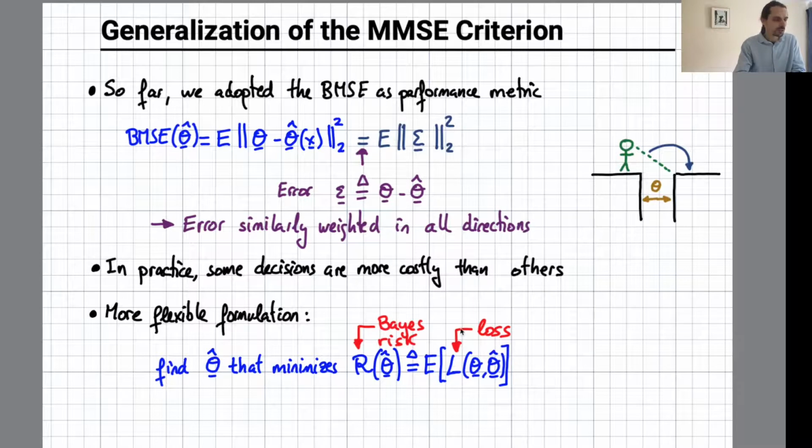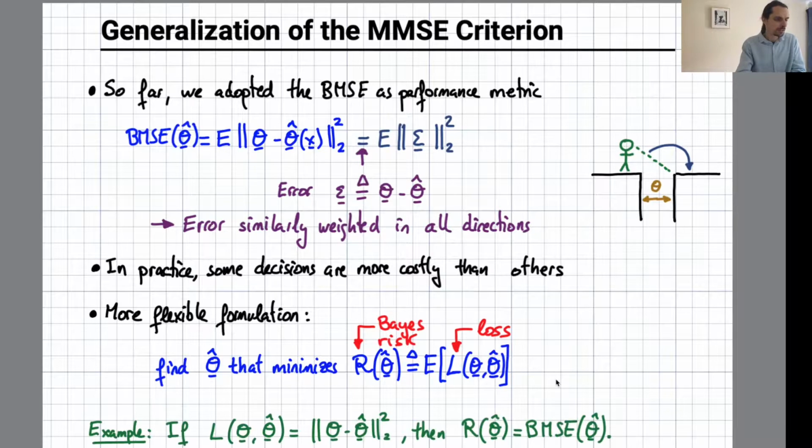This loss function must quantify the cost that we suffer when the true value of the parameters is this, and our estimate is this one here.